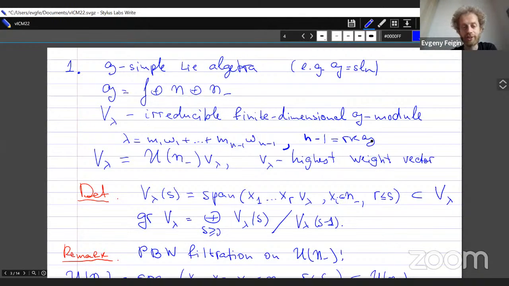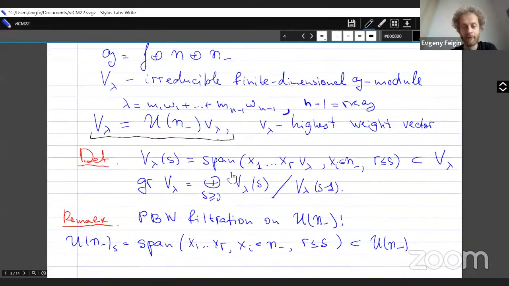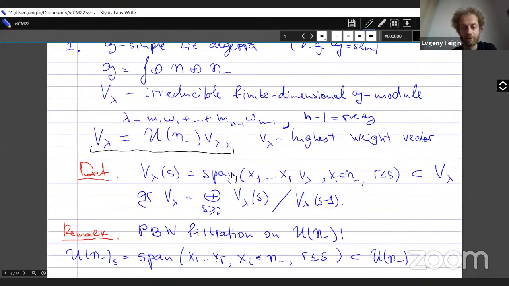An important feature is that V_lambda is obtained from the highest weight vector by applying the universal enveloping algebra of n minus. This is crucial for us. This is the property of highest weight vectors and highest weight modules. Now, by definition, we consider the induced PBW filtration on our V_lambda. The definition says that we take V_lambda^(s), a subspace in V_lambda, which is the span of x_1 up to x_r applied to V_lambda.